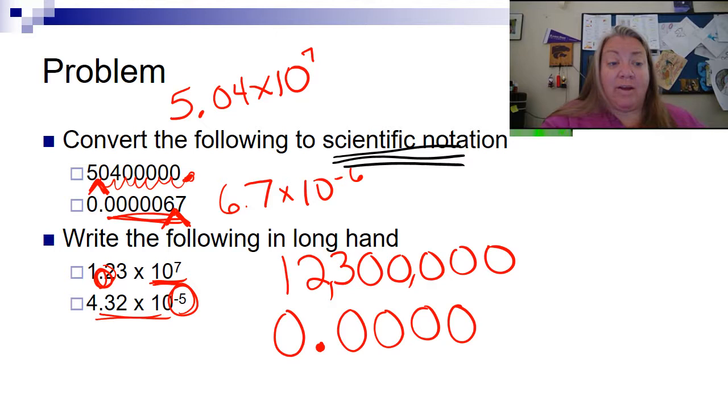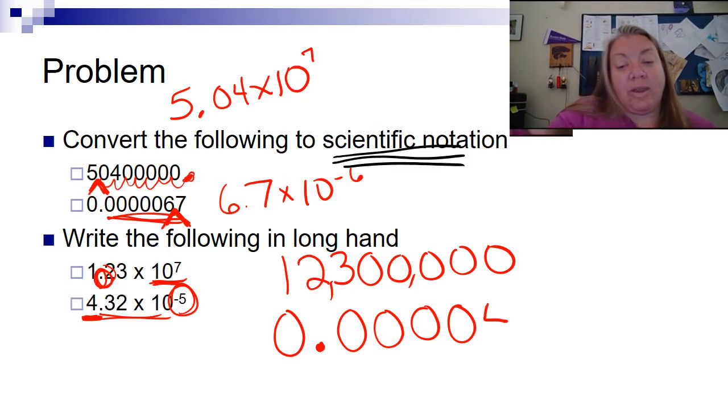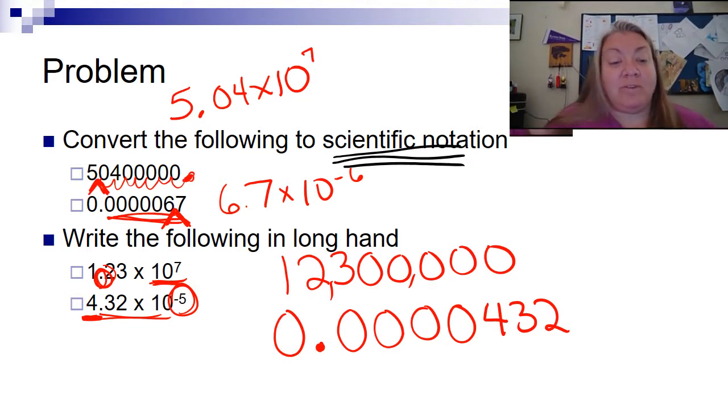Now to get around the number 4 we have right here is going to require a decimal place. That's that 5th decimal place that we're going to move. So I can go ahead and put in 4, 3, 2. So 1, 2, 3, 4, 5. I moved it 5 times. Practice a few times. You'll see it being used a lot throughout the semester.